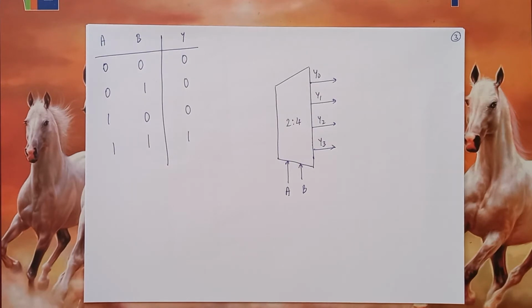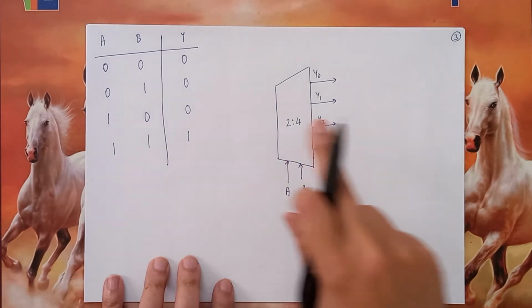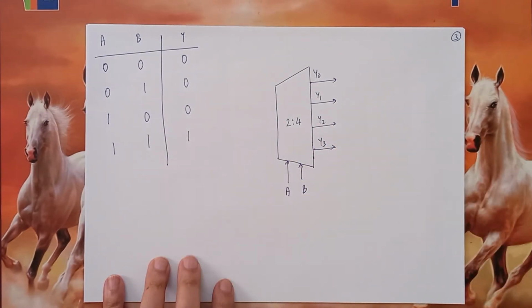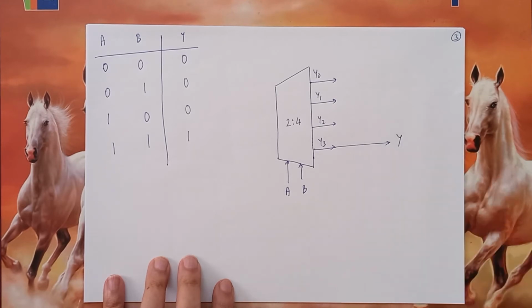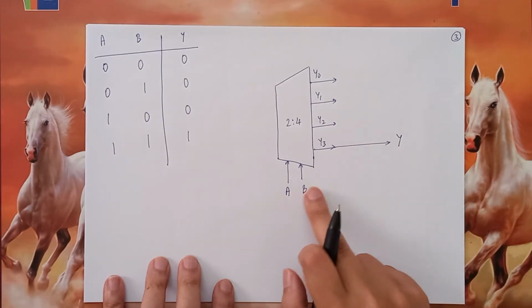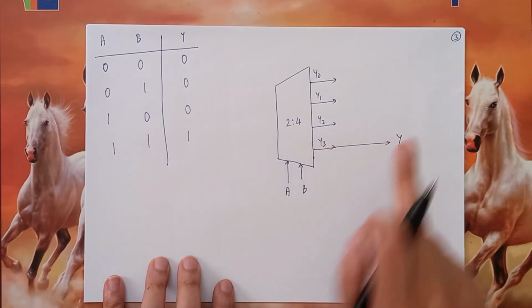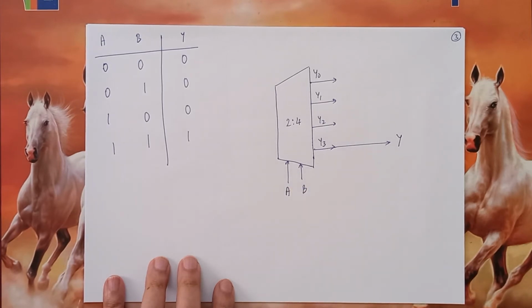What I can see is that I need the output Y equal to 1 when A and B are both 1. So therefore what I can do, I can simply say that Y3 is equal to Y. Because when A and B are 1, 1, Y3 will become 1 and that will be equal to Y. For all other times when A and B are not 1, 1, Y3 will be 0.